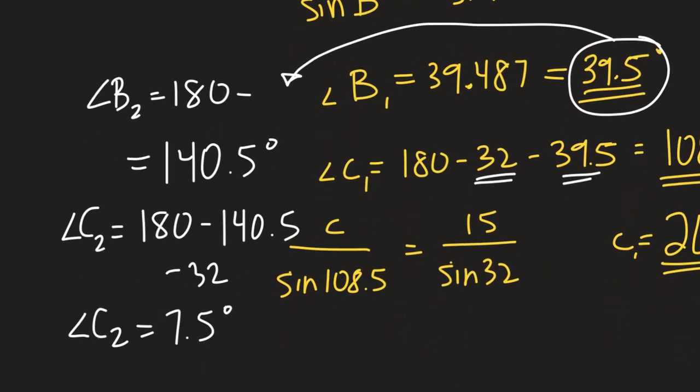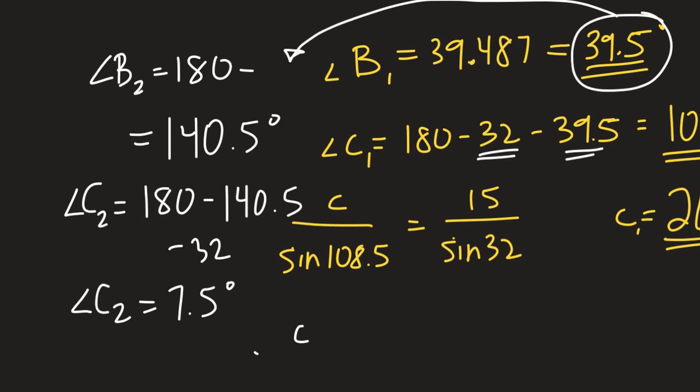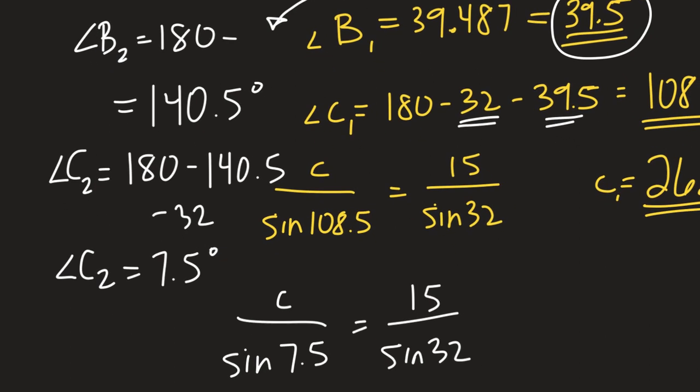And then we will set up and solve another law of sines problem to find little side c. So we don't change our ratio of 15 over the sine of 32, but what we do is change the sine to 7.5. So 15 times the sine of 7.5 divided by the sine of 32, rounded to 1 decimal.